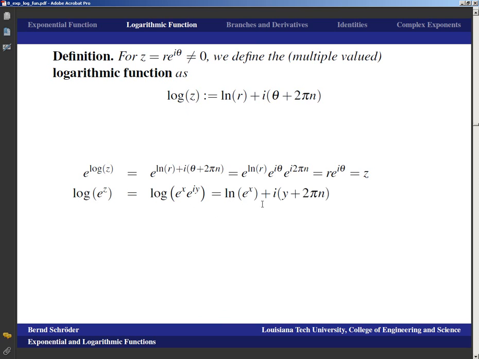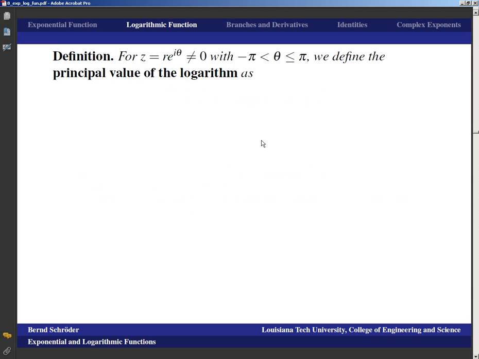So this is ln e to the x plus i times (y plus 2 pi n), and that's x plus iy plus i 2 pi n. So if we work it out the other way, it still tries to give us back z, but because the logarithm spits out infinitely many values, we will have to contend with this i times 2 pi n, which is sort of like when we solve quadratic equations and we have to contend with the plus minus from the quadratic formula. So that's z plus i times 2 pi n here.